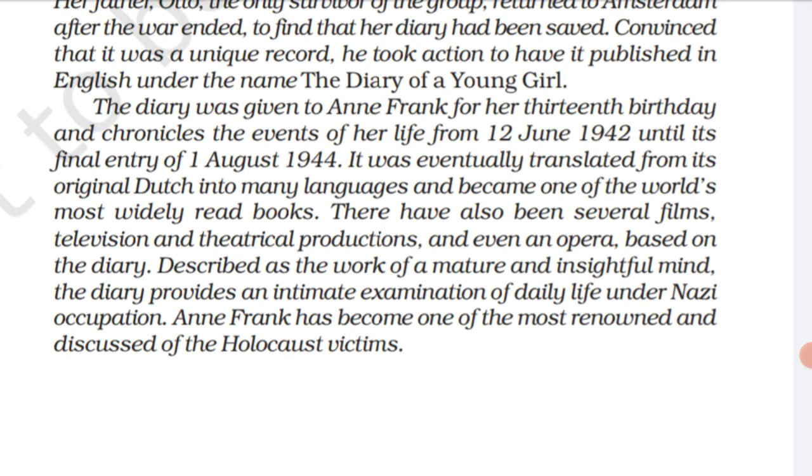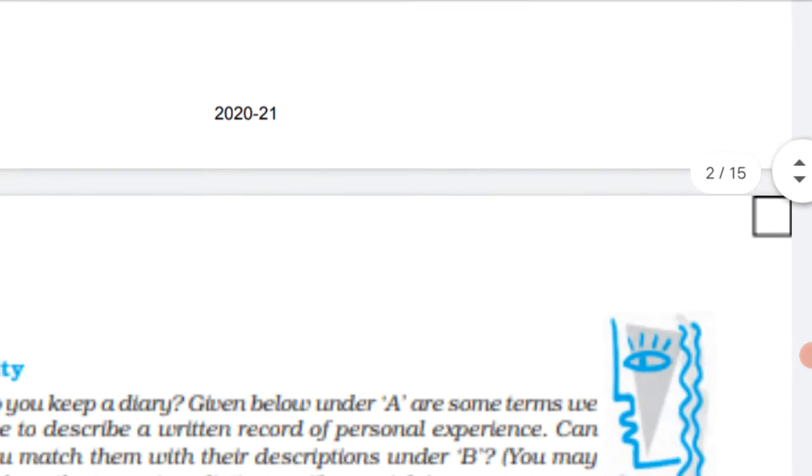There have also been several films, television, and theatrical productions, and even an opera based on the diary. Described as the work of a mature and insightful mind, the diary provides an intimate examination of daily life under Nazi occupation. Anne Frank has become one of the most renowned and discussed of the Holocaust victims.